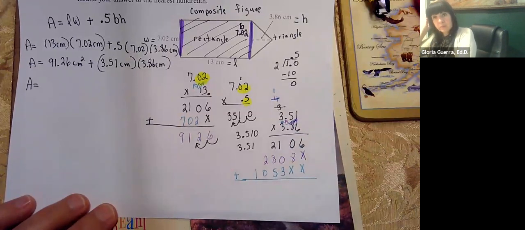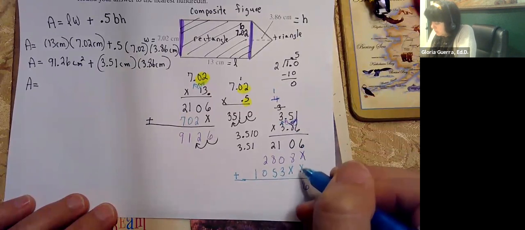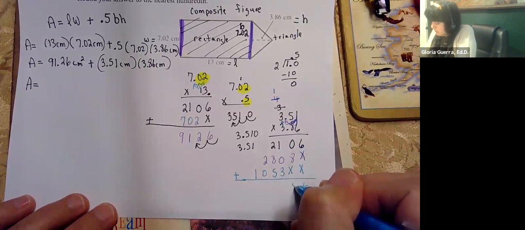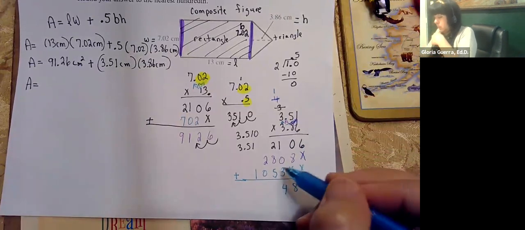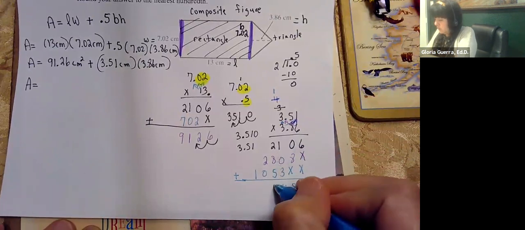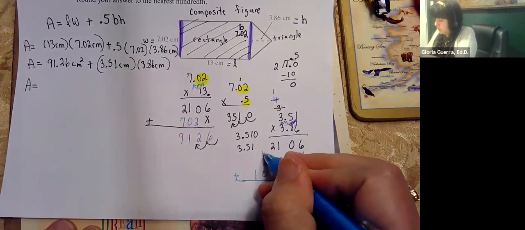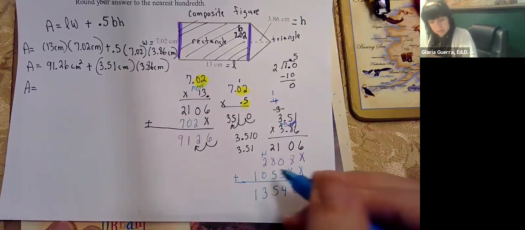Okay, now I'm going to add everything up here. 6 and nothing is 6. 8 and nothing else. 3 and 1. 8 and 2 is 10, plus 5 makes it 15. Add the 1, 2 and 3, and then 1.